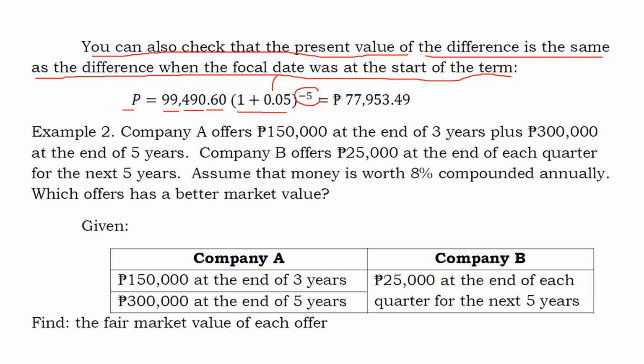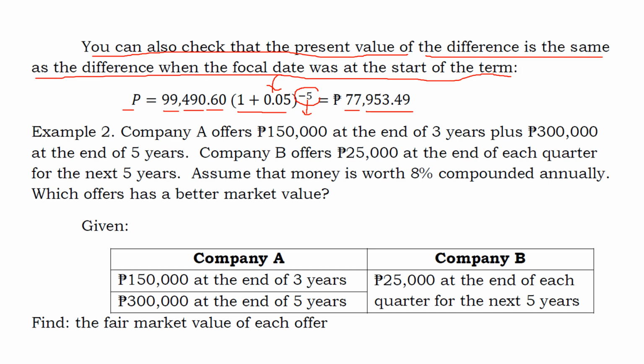We apply 0.05 as the interest rate, and since we're dealing with 5 years, that's why it's negative 5. So the resulting value here is equal to 77,953.49 pesos.